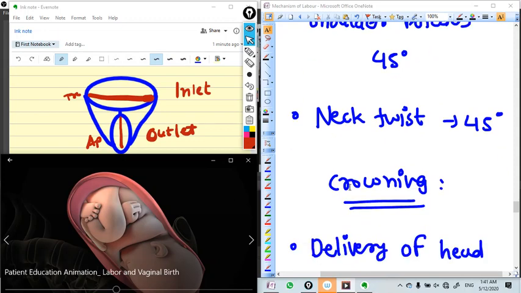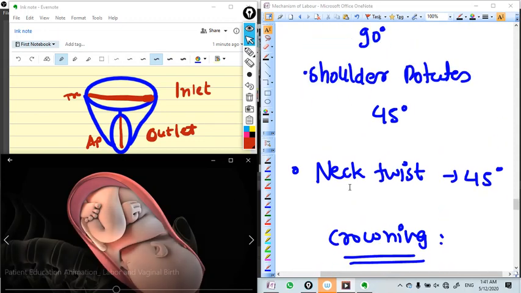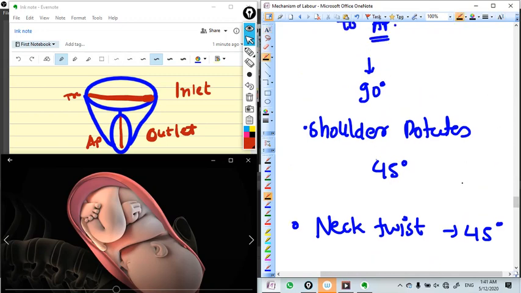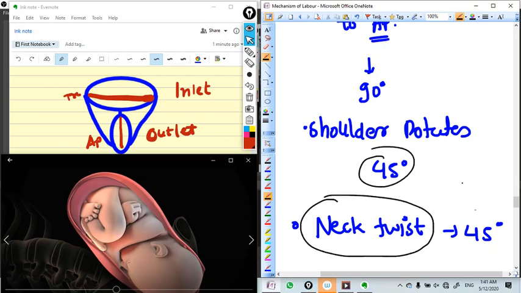Now the thing you need to understand is that the neck twist between the head and the shoulders is 45. You need to remember the figures. Internal rotation is 90 degrees, but the shoulder rotates only 45. That's why the neck twist is 45. You remember? Okay.